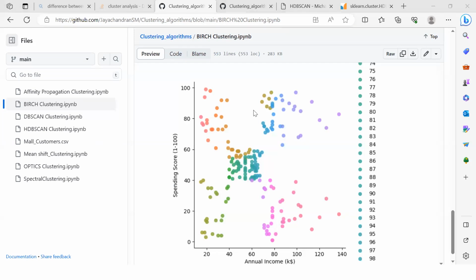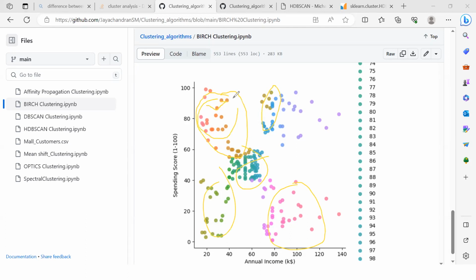Let's say this is one cluster, this is one cluster, this is one cluster, and this is one cluster. At the end of the day, based on the epsilon value and the minimum feature, it takes the comparison and gives the distance between the data points.